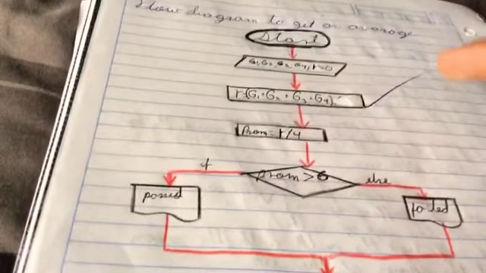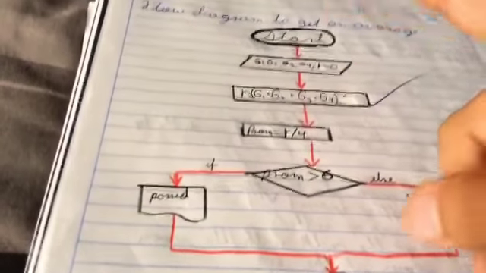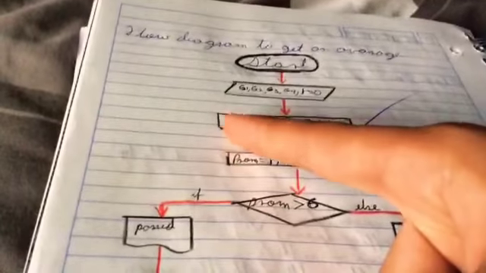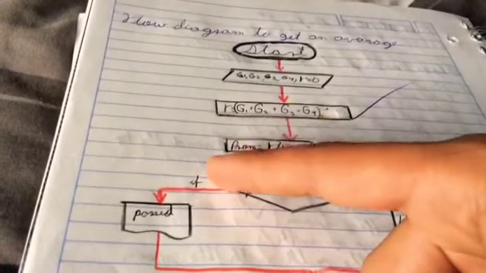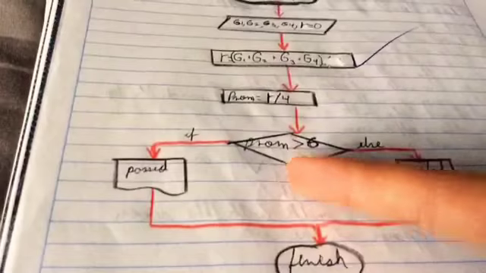Then you want to get an average, and the formula to get the average is this result, because it has all the grades, divided by 4, because it's the number of grades. So that's how you're going to get the average. But you want to know if you passed or you failed. So you need to use a diamond that represents if. So if your average is bigger than 6, you passed.